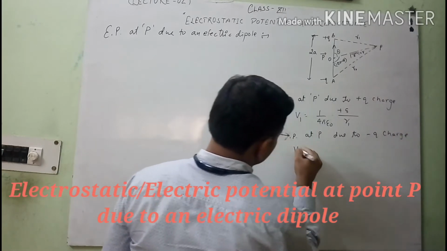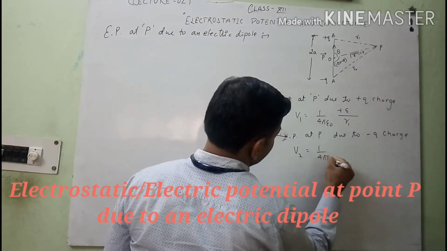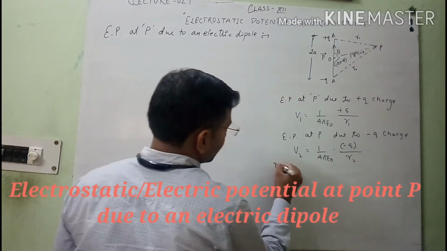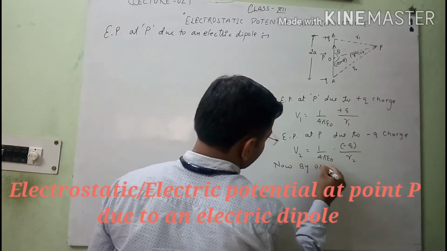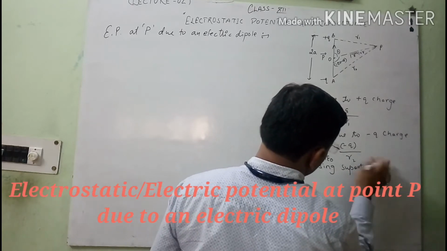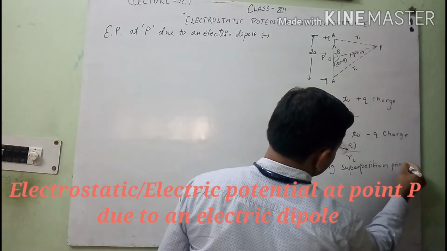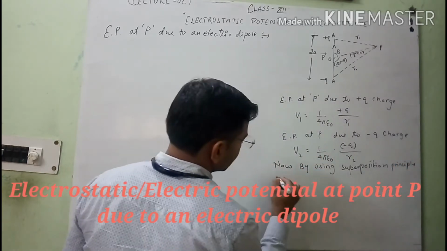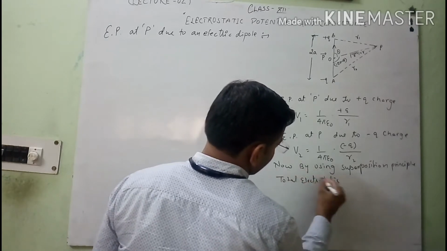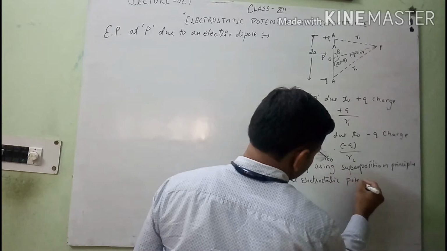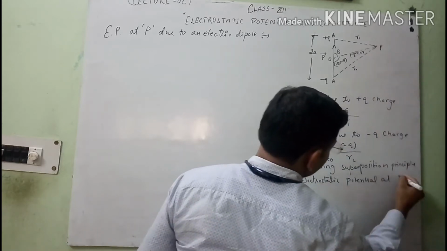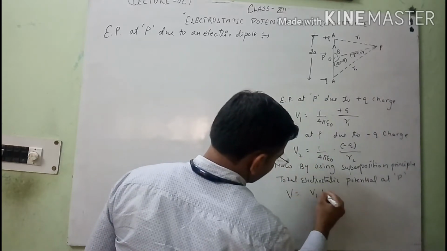Similarly, the electric potential at P due to minus Q charge is written as 1 over 4 pi epsilon naught times minus Q upon R2. Now by using the superposition principle, we can write the total electrostatic potential at this point P as V equals V1 plus V2.